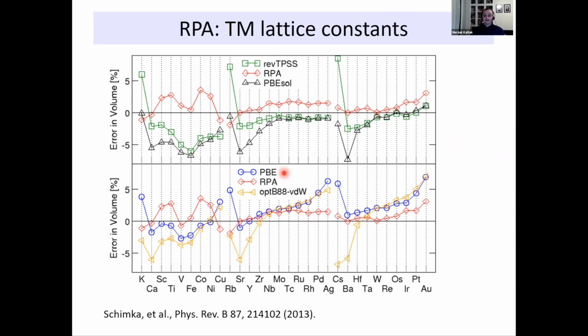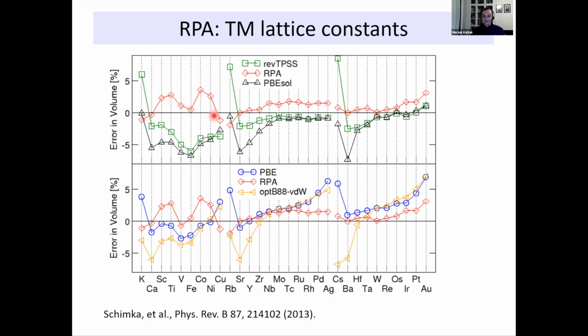Again, comparing RPA with methods like PBEsol or even van der Waals functionals like optB88, you see that overall the RPA values are not bad at all. Actually they're really good for heavy elements, like 4th, 5th row elements, but they're not that good for these light transition metals.